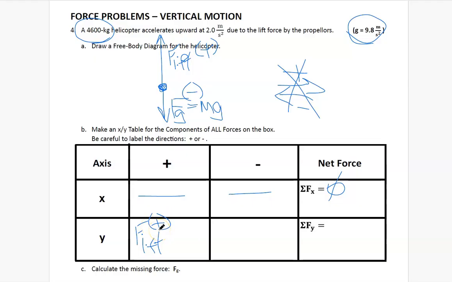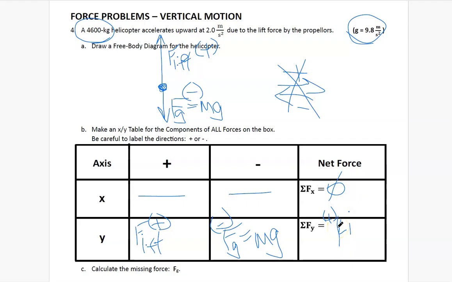You can put it before or after the F. Just remember that that positive or negative sign will be added to the number once we calculate any value. Okay, and the weight force, which we can easily calculate, m times g, we know that's going to be a negative force.